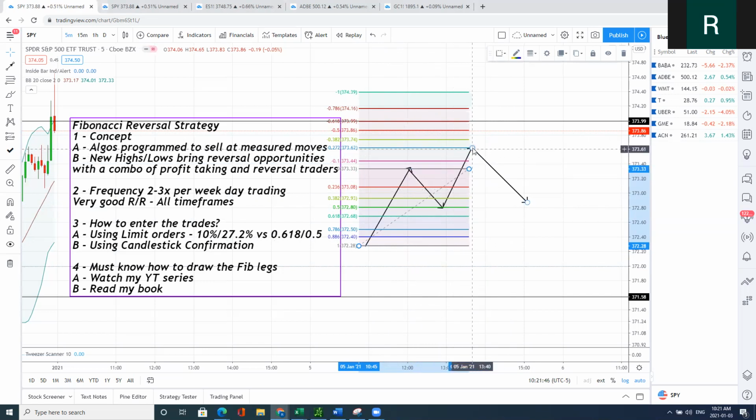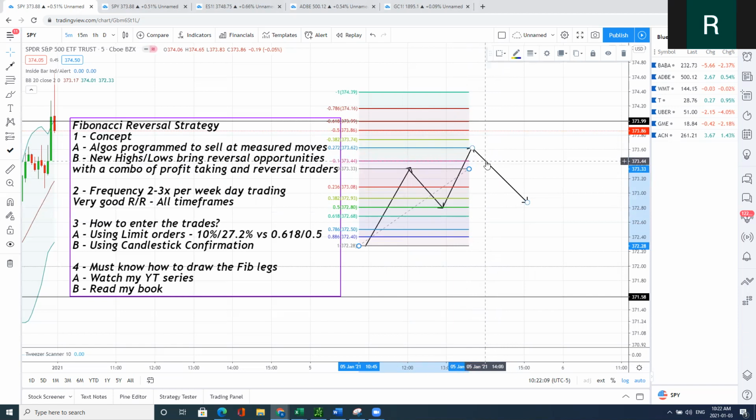Reversal traders will show up when we make a new high, as well as algorithms will be dumping their positions. And then the third thing that happens is new traders buy the breakout. And if we start to break down back into this zone, they will also get stopped out. So that's what we see. That's why this strategy works, because there's a combination of multiple factors playing out.